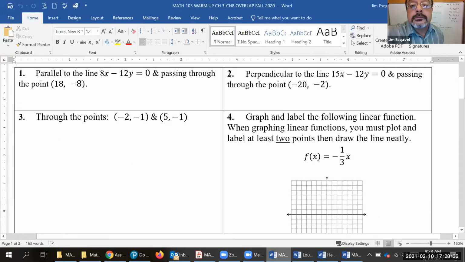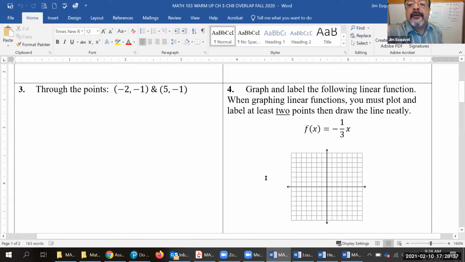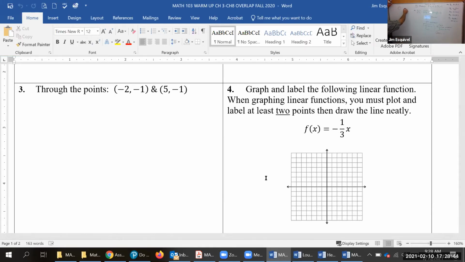So this was f of x equals -1/3 x. So graph and label f of x equals -1/3 x.